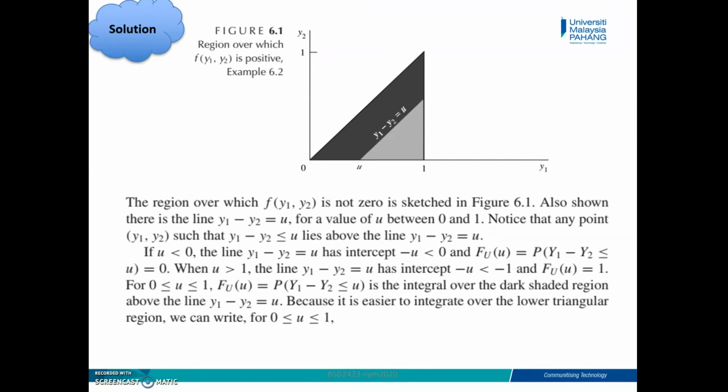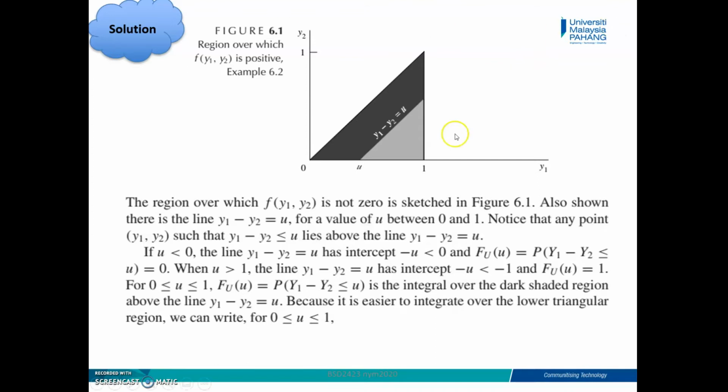So if you look at the solution, this is the figure. You can see that the region over which f(y1, y2) is not 0 is sketched in figure 6.1. From the previous slide, we know that Y1 and Y2 are between 0 and 1.